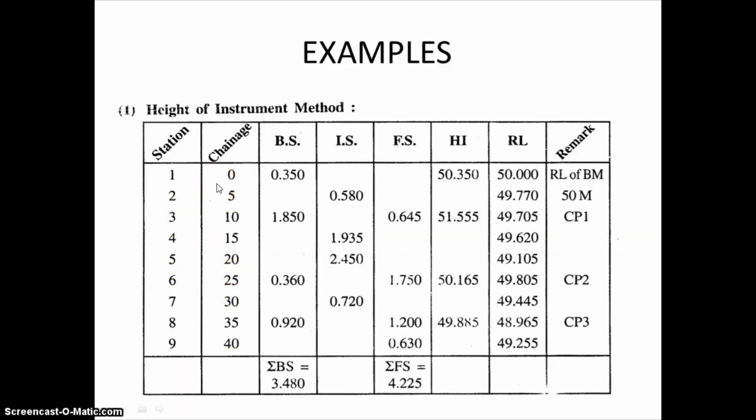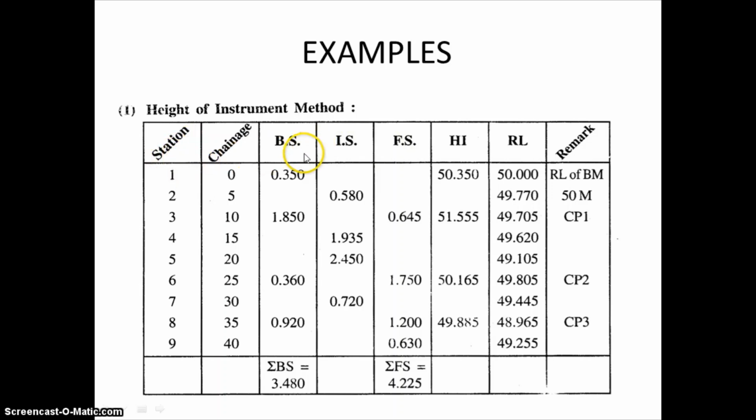But my suggestion is that before you use these 2 columns, first enter the values in these 3 columns, and then enter the station and chainage values. Otherwise you will get confused and make some mistakes. So don't touch these 2 columns first. First put the values in backside, IS and foresight.